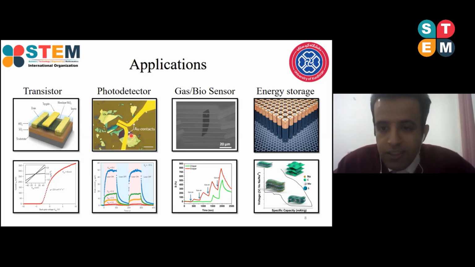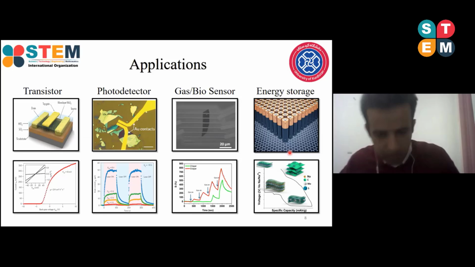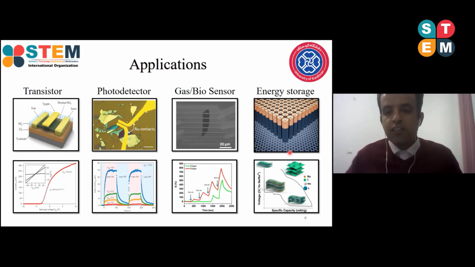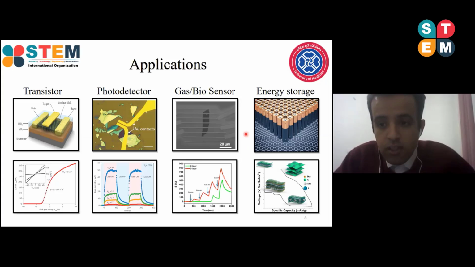They have a good interaction with light, and are also used as gas or biosensors due to their large surface area, or even in energy storage devices, because they also provide large surface area and good electrical conductivity, which are both important for energy storage devices.